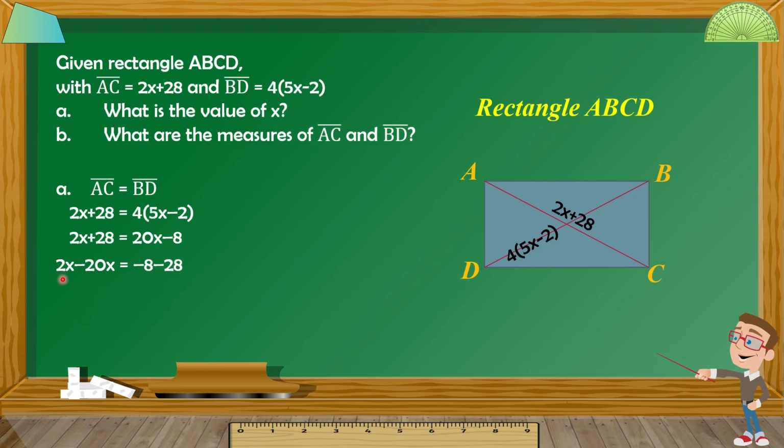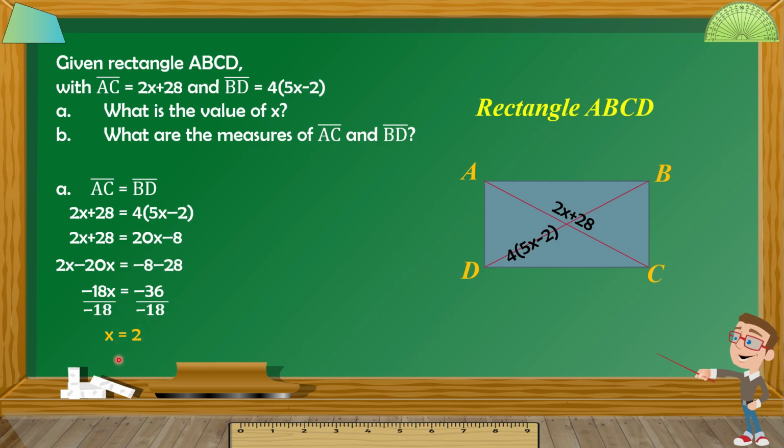Combine like terms: 2x minus 20x, that is negative 18x, and negative 8 minus 28, that is negative 36. Para ma-isolate si x sa left side, i-divide natin both sides of the equation ng negative 18. Negative 36 divided by negative 18 is equal to 2. So, yung value ng x natin dito ay 2.